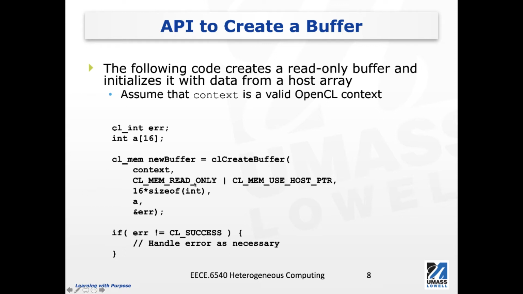That is to say that the kernel can only read from this memory object. Also, it uses the option CL_MEM_USE_HOST_POINTER. When it says use host pointer, this is to say that this buffer will be allocated on the host side at this time, and we will see how the devices will get the values when they attempt to read the buffer. After that, we do error checking to see if this create buffer operation is successful or not.